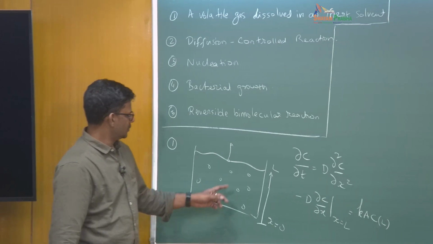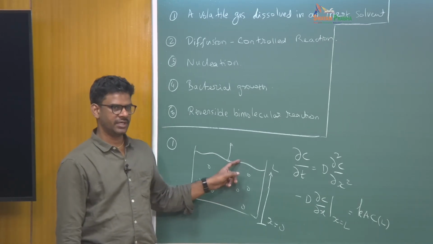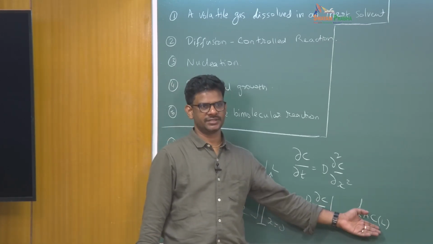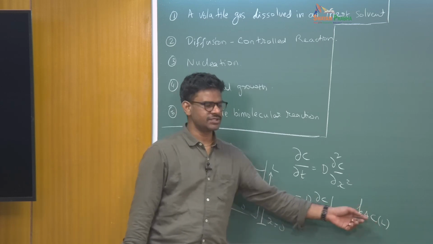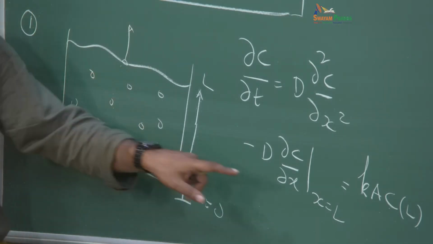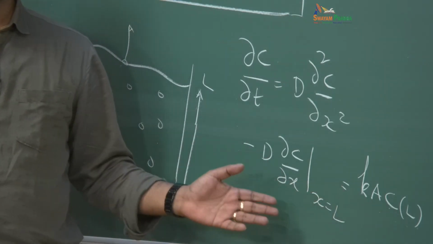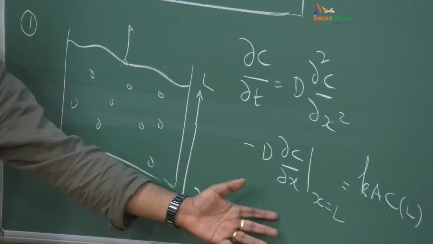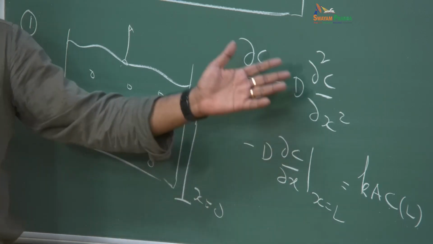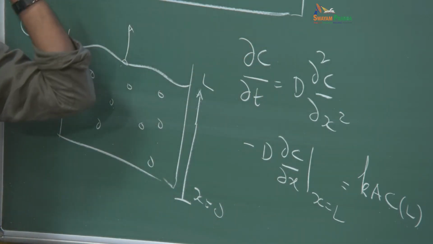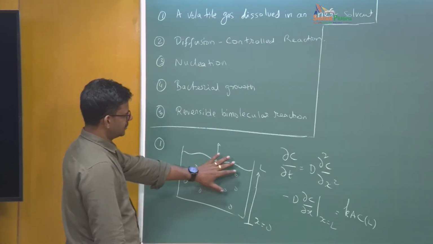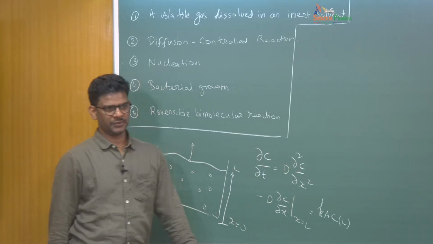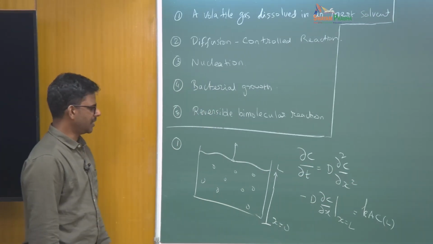So the diffusion at this boundary is going to be equal to the mass transfer rate due to evaporation, mass transfer coefficient times area times the concentration at L. So you have a governing equation, you have a boundary condition, you can also supply the initial condition. This is how you would solve this problem from a deterministic point of view, right? So now what we want to do is do the same problem, but more from a stochastic point of view, using a chemical master equation.